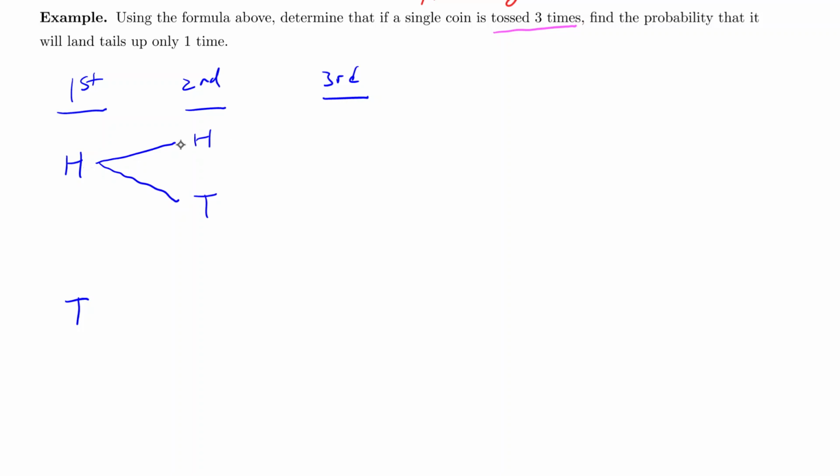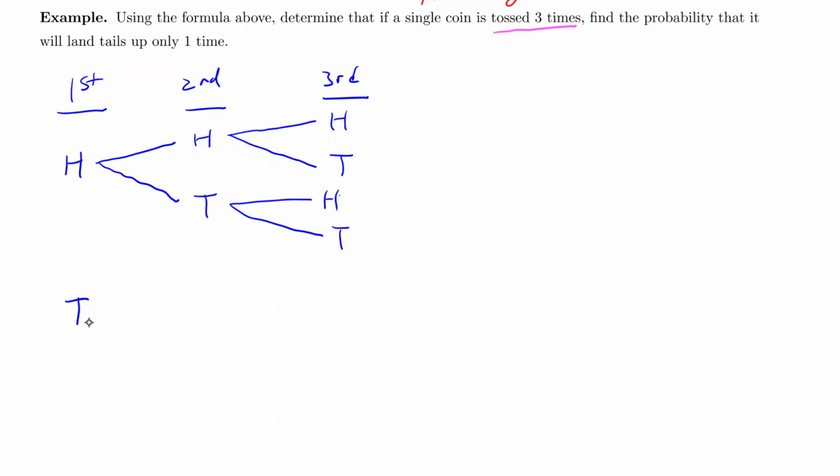Then for the third, I can get another heads up, or I can get tails. So I could get heads, heads, heads, or heads, heads, tail, heads, tail, heads, heads, tail, tail. So we're listing all the possible outcomes.